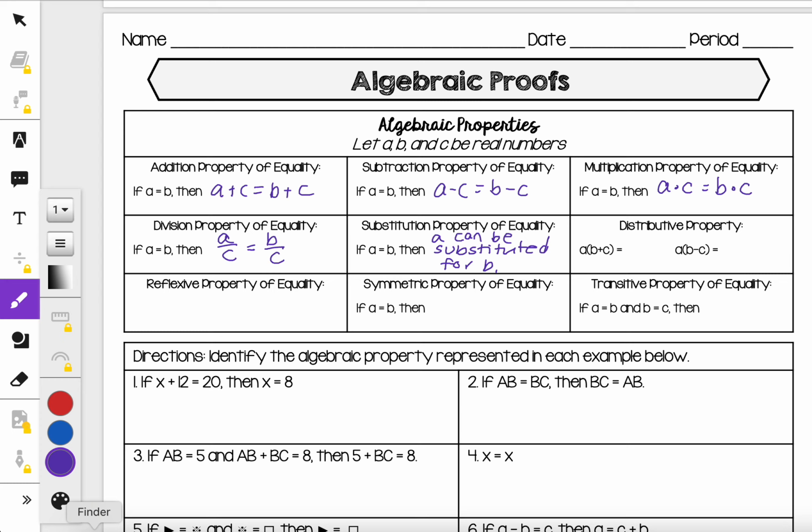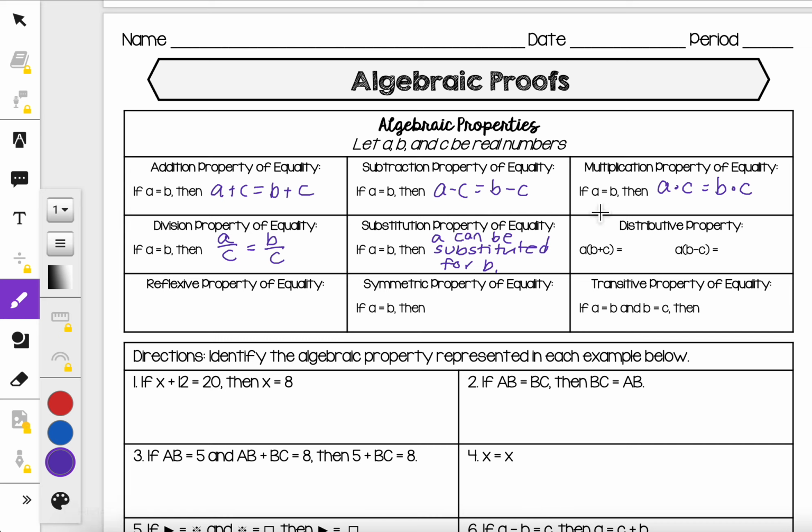If we had to solve for x and we found that x equaled 3, but then we wanted to find a segment length, we took that value, x equals 3, and we substituted that 3 back into whatever that expression was to find the length of whatever segment. Okay, that is using the substitution property.